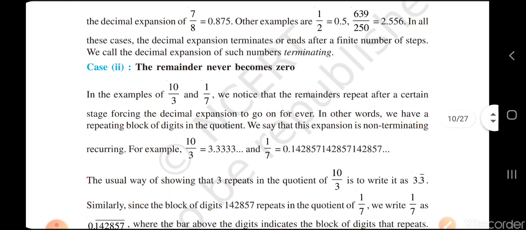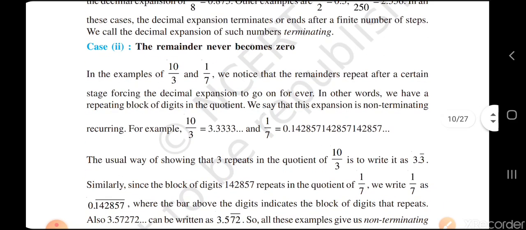The usual way of showing that 3 repeats in the quotient of 10 upon 3 is to write 3.3 bar, or 3.3 with a dot on the number 3. म्हणजे तुम्ही 3.3 लिहिला आणि डेसिमल पॉईंटच्या पुढच्या 3च्या डोक्यावरती जर बार किंवा डॉट आपण देऊ शकतो.